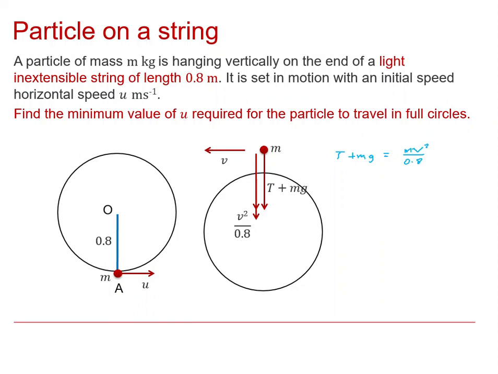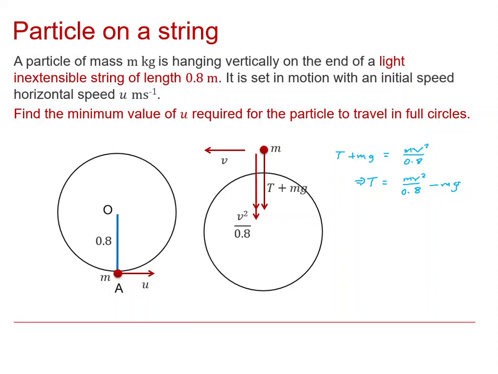If we're interested in the tension, as we shall see in a moment, the tension is then mv squared over 0.8 minus mg. Now, the minus sign on the right hand side shows the interest in this problem, because it's very possible that mg will be bigger than mv squared over 0.8.